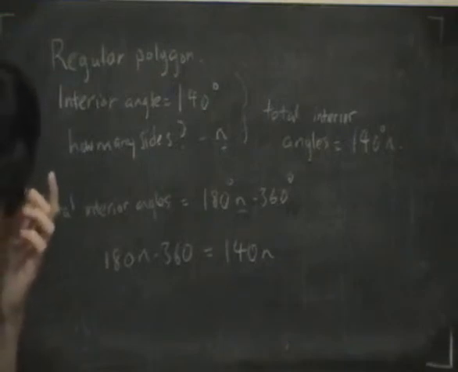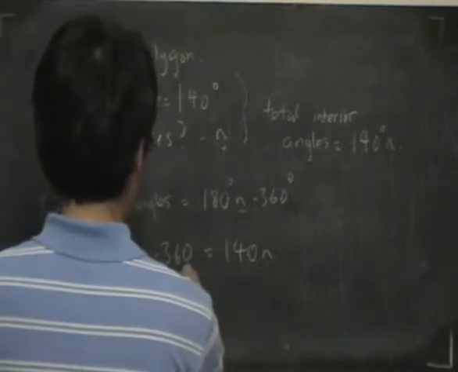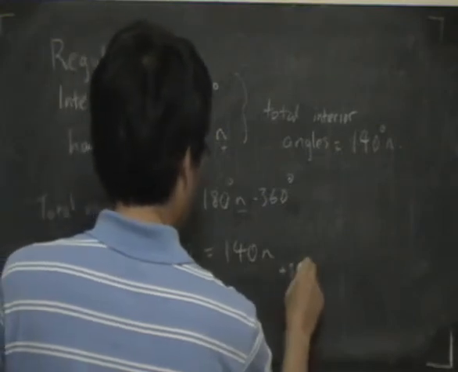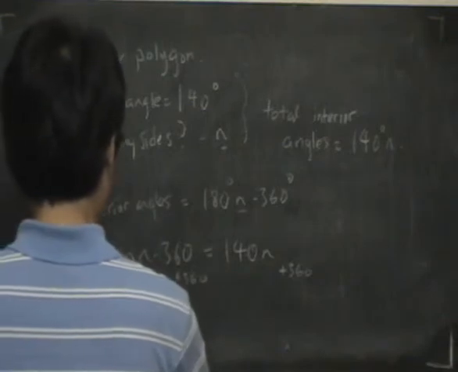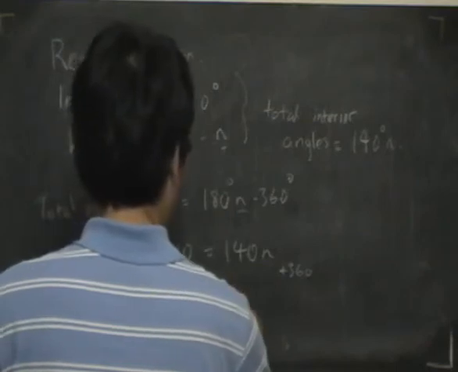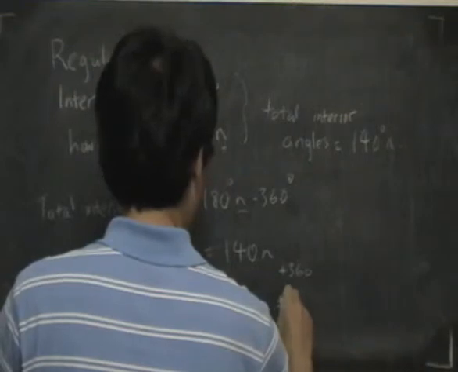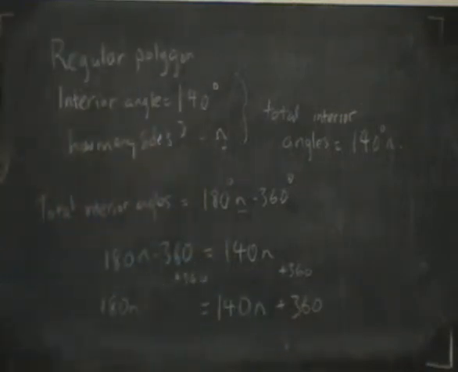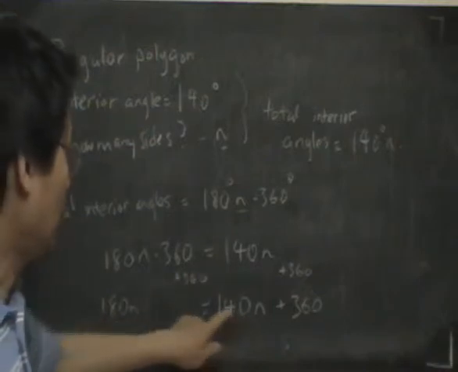Let me add 360 first. If I add 360, I have 180n equal to 140n plus 360. Now I subtract 140n from both sides.